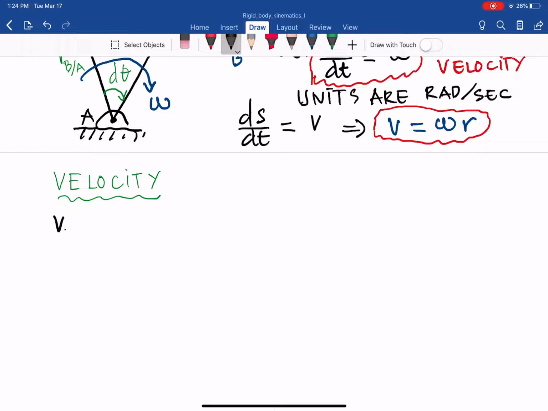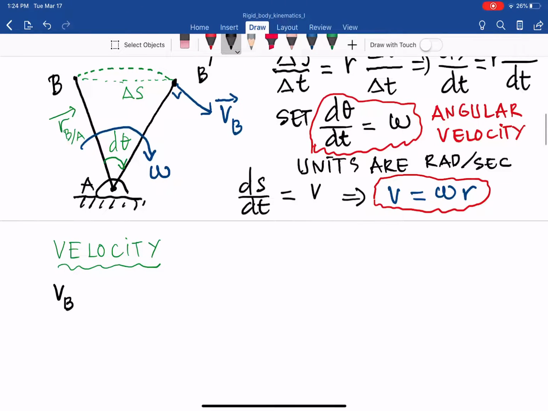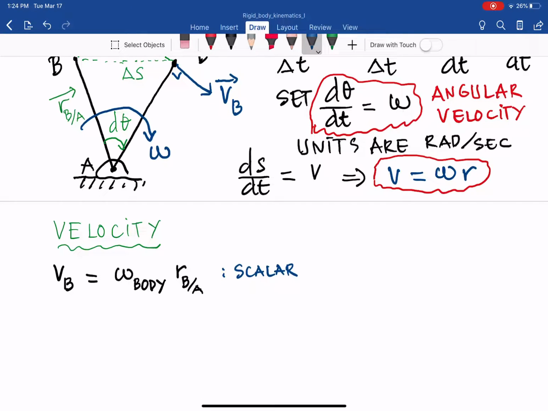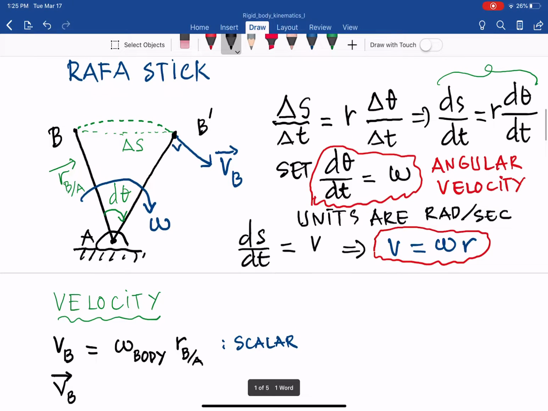So let me rewrite here. If I have point B as shown in the rafa stick there, in scalar form I can write it as omega of the body, the angular velocity of that body, times the position vector or the distance from A to B. Here is scalar. And now if we work with the vector, we have the VB vector, the velocity of point B, on that rafa stick here.